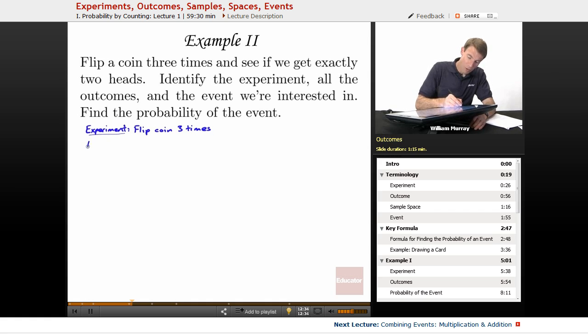All the possible outcomes are all the possible combinations of heads and tails that we can get. So the possible outcomes here, I'm just going to try to list them systematically. We could get, let me call this S because this is the sample space that we're listing right now. S is, we could get head, head, head.